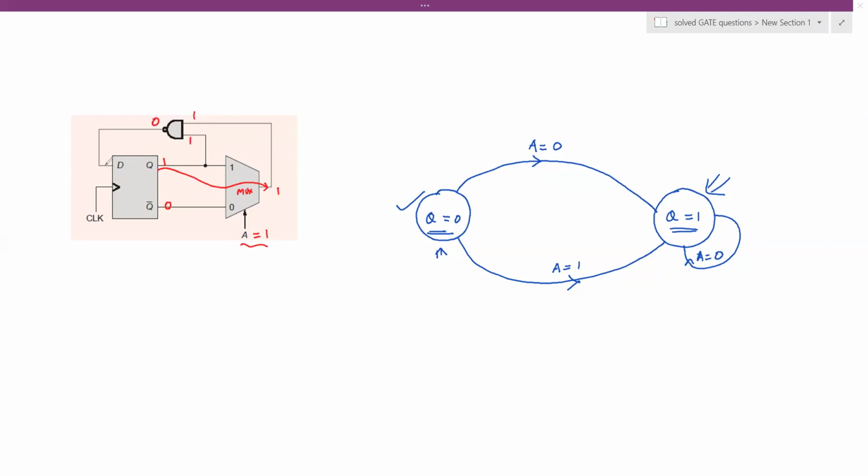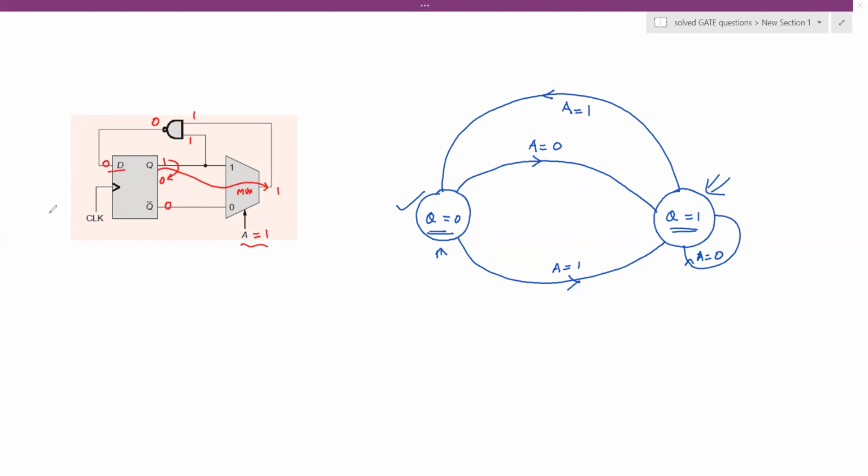Output here is now 0. D input is 0. And obviously Q transitions from logic 1 to 0 because input D is equal to 0. So here we can say that now we are transitioning from Q equal to 1 to Q equal to 0. So here is the direction of the state transition. And here we'll say this happens at A equal to 1.